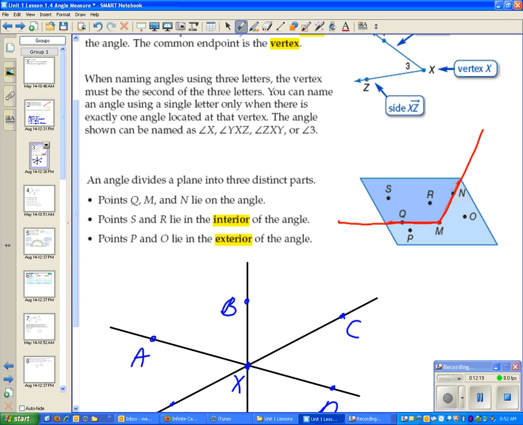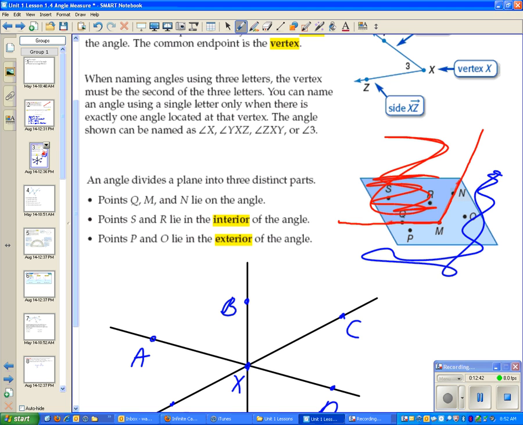Probably the way the book does with examples, but I'm trying to come up with an explanation. The interior of an angle is the region of space that's within the shortest, no, that's not a good way, that's within the two rays. Now you might say within, we all know what we mean here, don't we? So then that's the exterior out here.